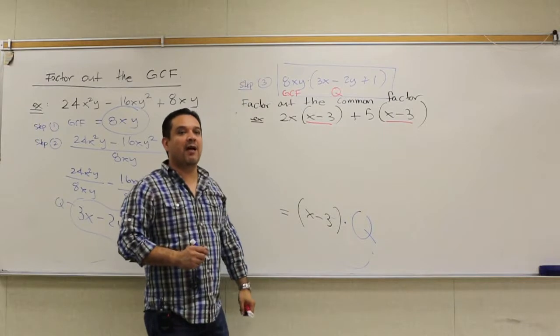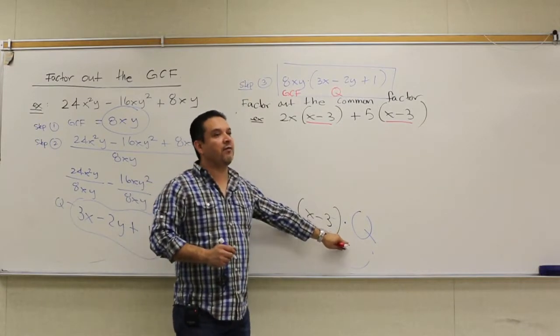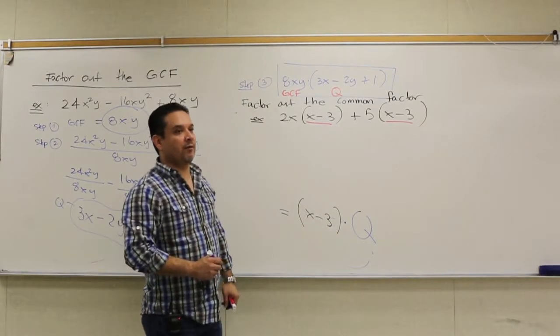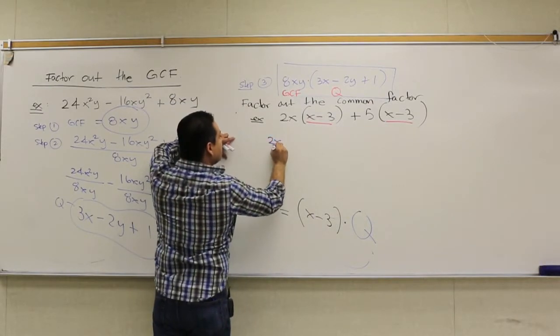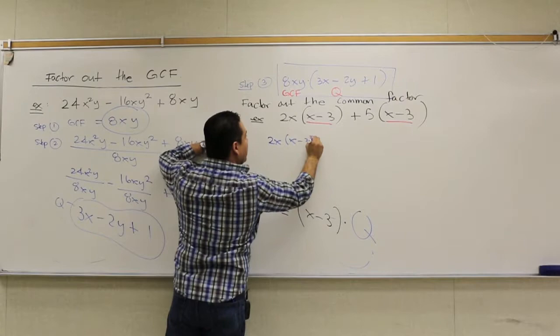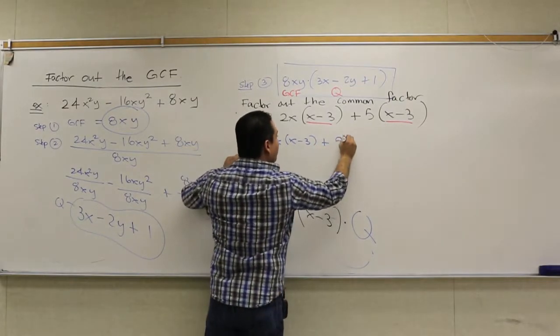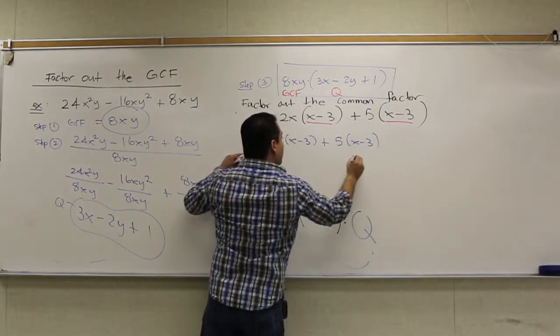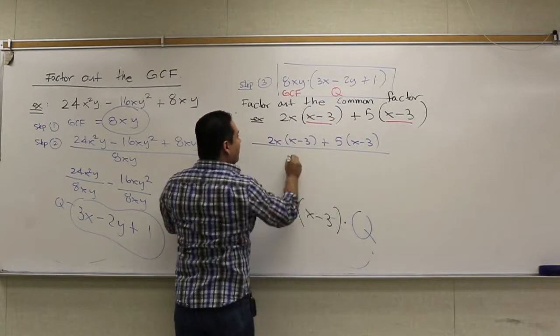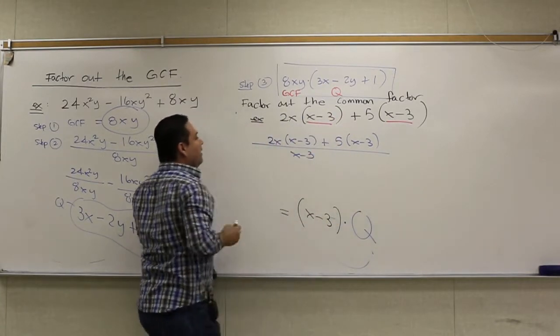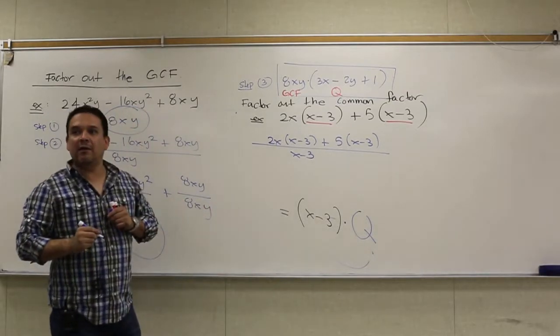Well, let's try to figure this out. What do I mean by what that quotient is going to be? Let's look at step 2. I have 2x times x minus 3 plus 5 times x minus 3, and I divide my terms by the common factor of x minus 3. What did that mean again?